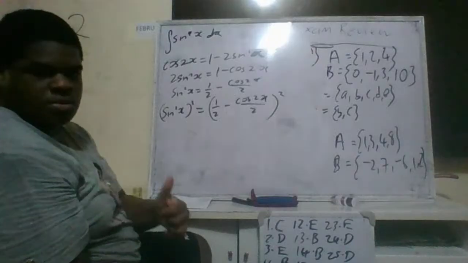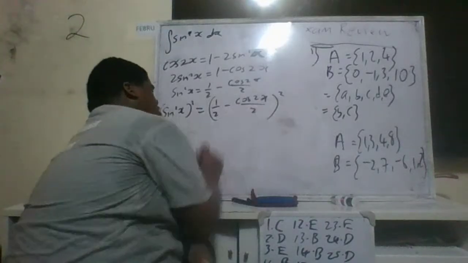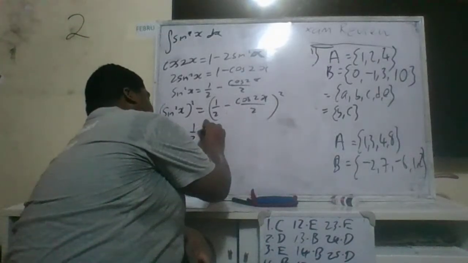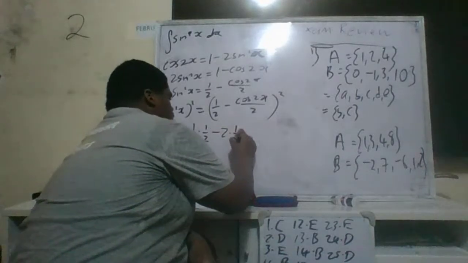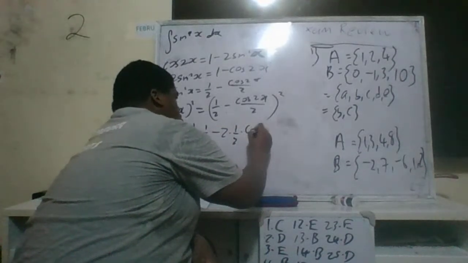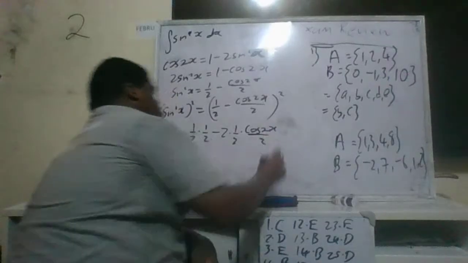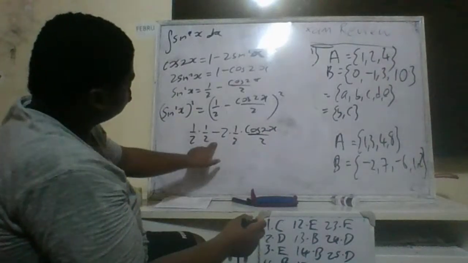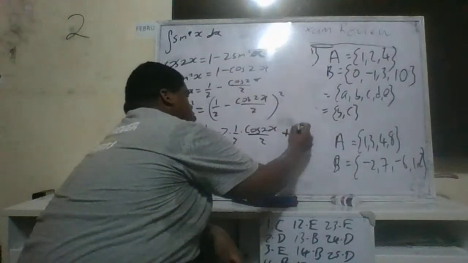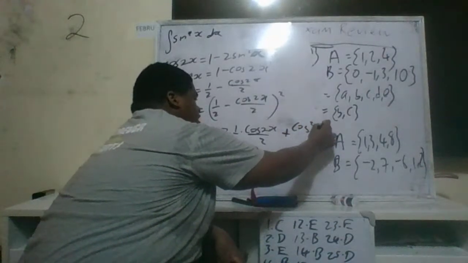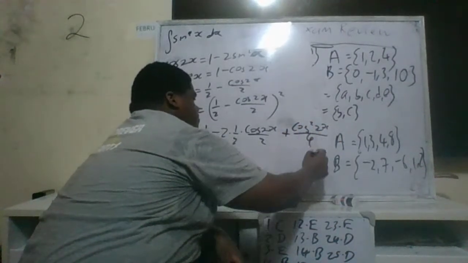If you expand this, you're going to have 1 over 2 times 1 over 2, minus 2 times 1 over 2 times cos 2x over 2, plus cos square 2x over 4.